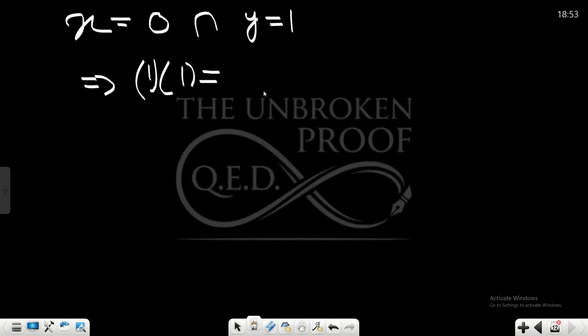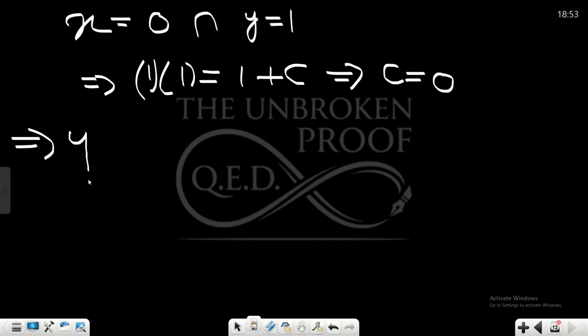Now sin 0 is 0 and e power 0 is 1, and 1 plus c indicates that c should be 0. So hence y is equal to cos x e power sin x. So this is your y, which is nothing but g of x.